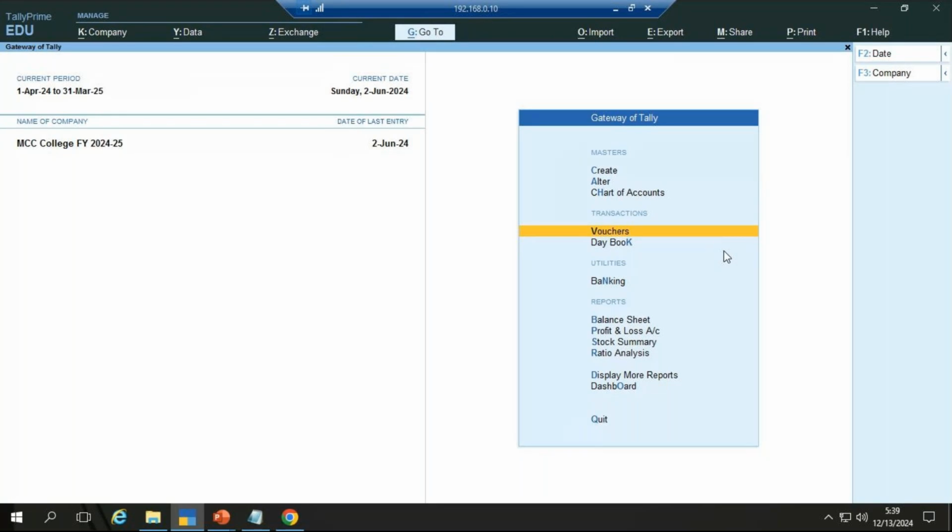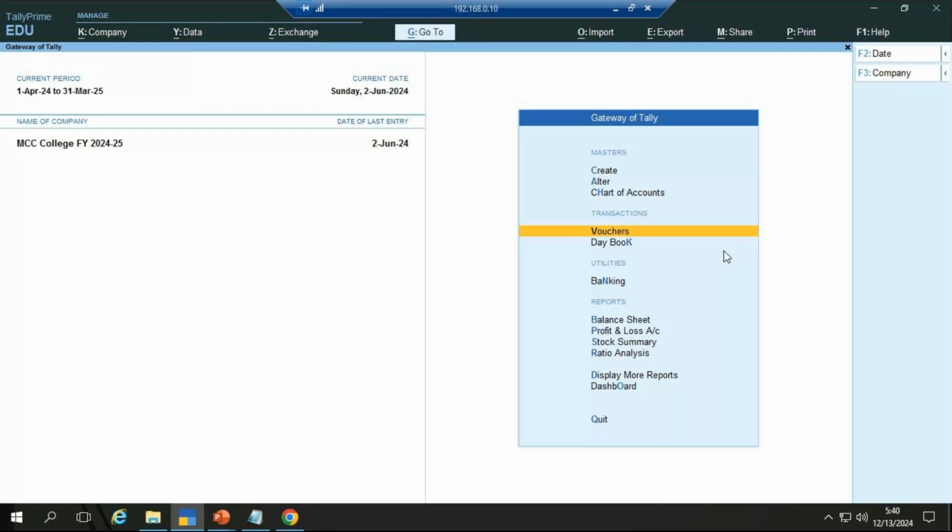Is everyone facing the same problem or only two of them? You're in Gateway of Tally. You have to respond to me, guys. Yes, ma'am, we are in Gateway of Tally. Okay? Press F10. Hold it.